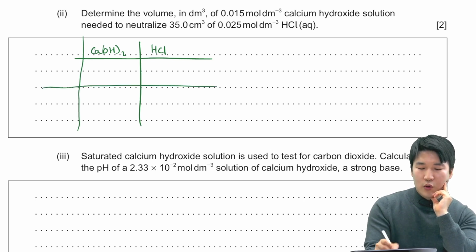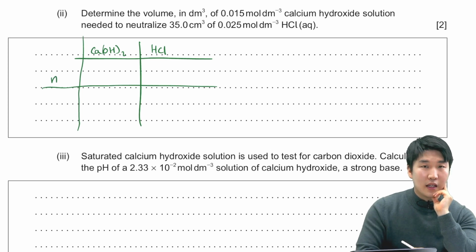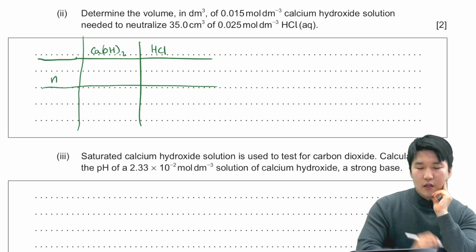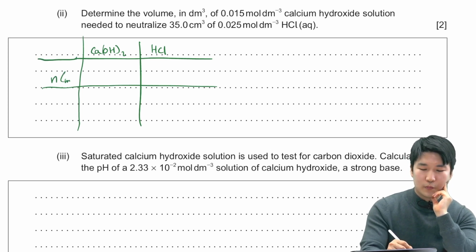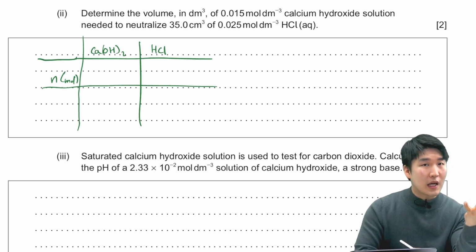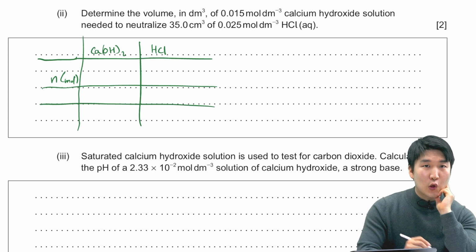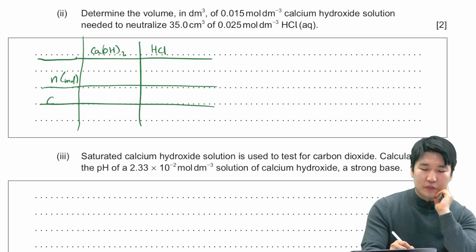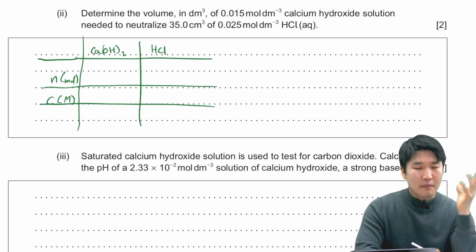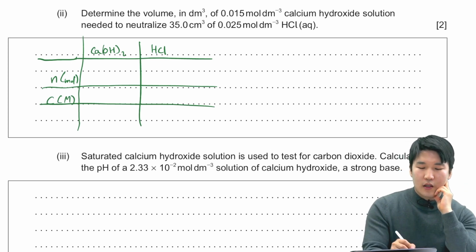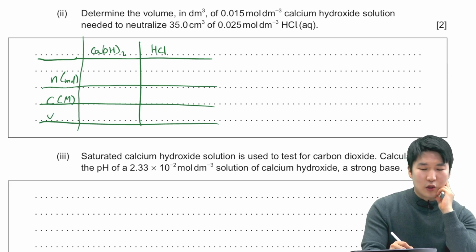The first row being the amount in mole, which we don't know yet. We'll have to calculate these values. The second row is going to be the concentration in mole per dm cube, or big M.